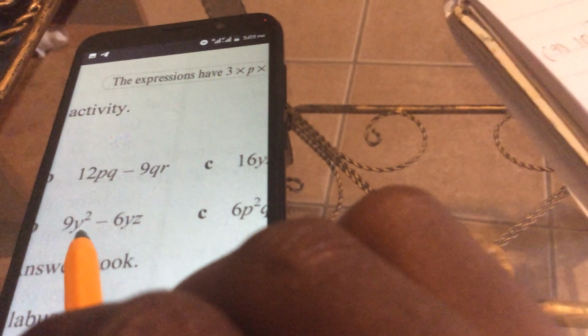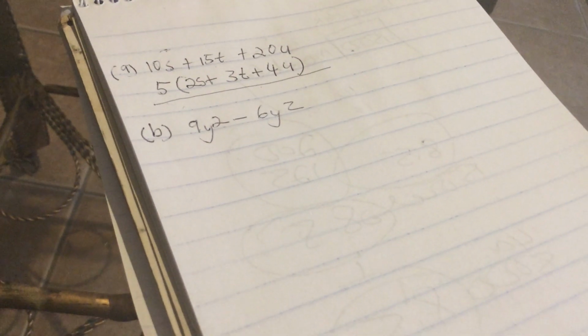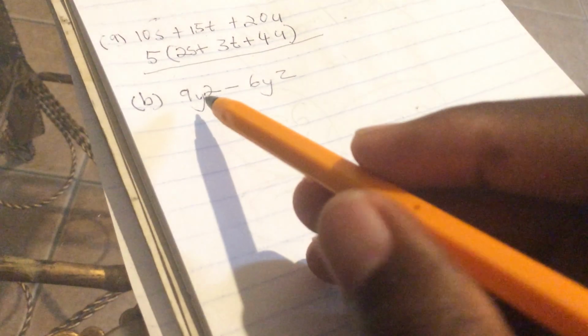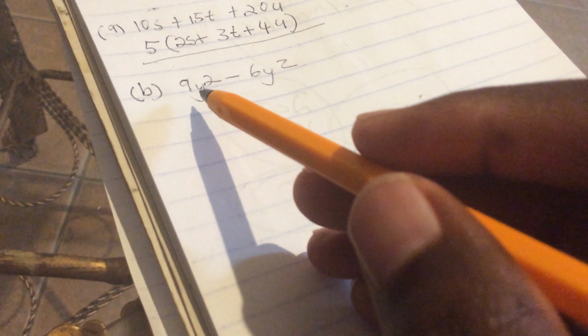Here is the question, 9y squared minus 6yz. Here we look for the highest common factor between 9 and 6. That is 3.